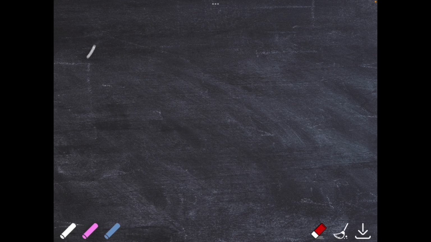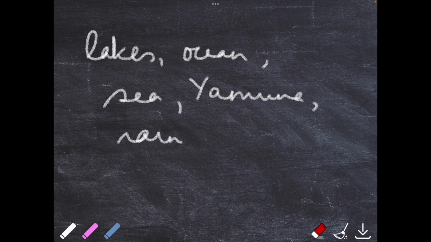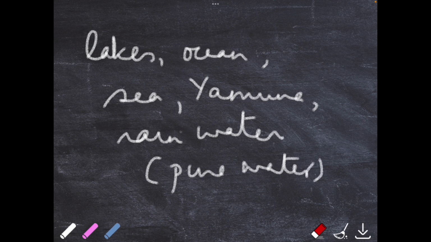The water may be of lakes, oceans, a sea, the Yamuna, rainwater, it may be any kind of water, so long as it is pure water. The ratio by mass in which hydrogen combines with oxygen to give water, that is constant, and that is 1:8.